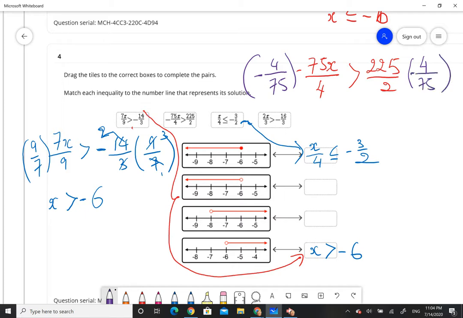So the left side now is isolated, and you copy greater than. Now 4 divided by 2, remember it has a negative sign, so it should have negative first. 4 divided by 2 is 2. 225 divided by 75 should be 3, right? So 3 times 2 is 6, so negative 6. So greater than negative 6.